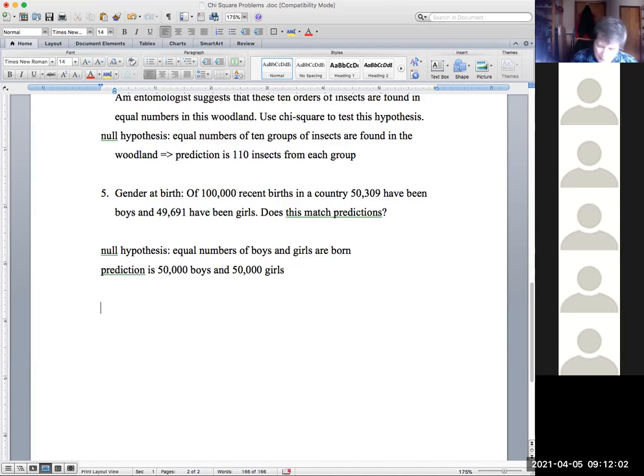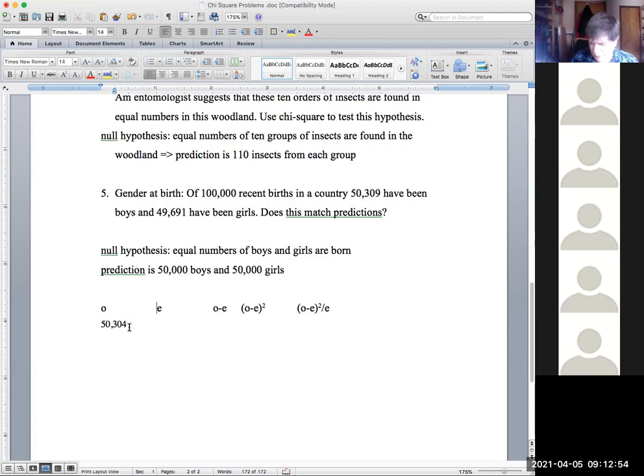So in this case, if we look at our columns again, our observed is 50,309.